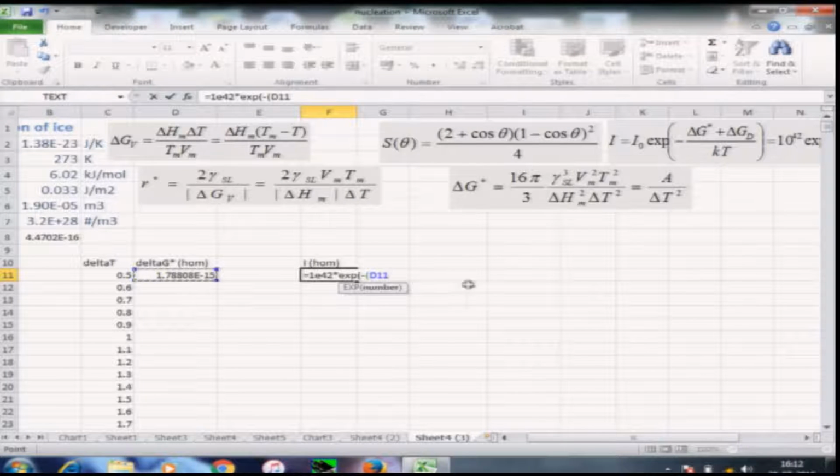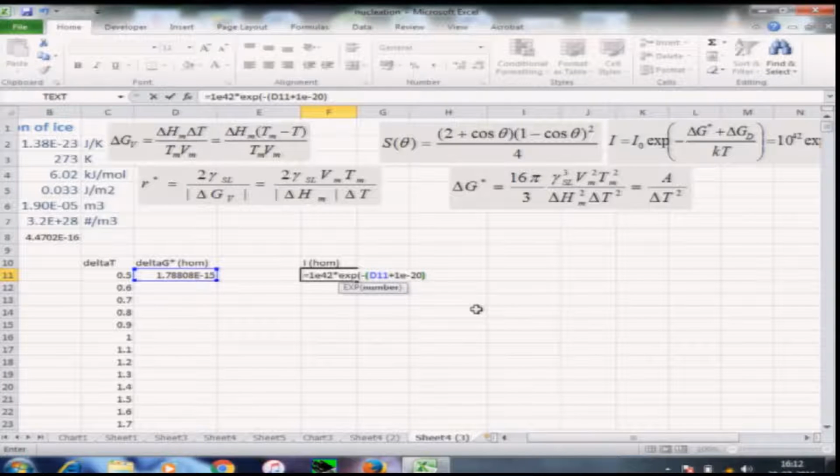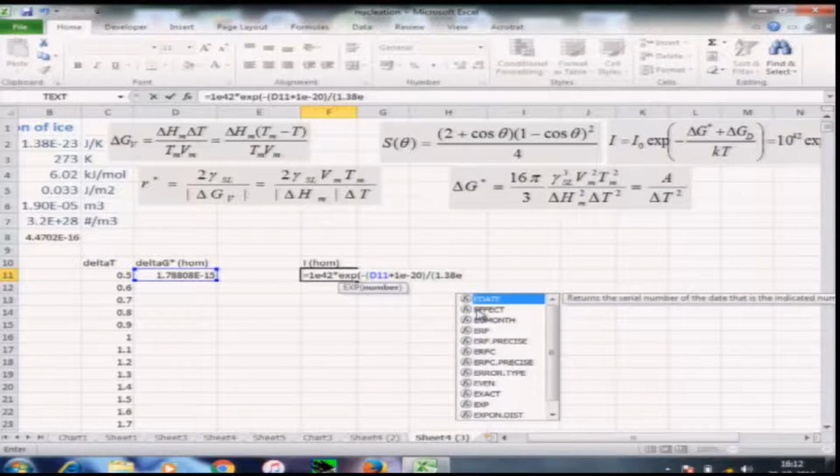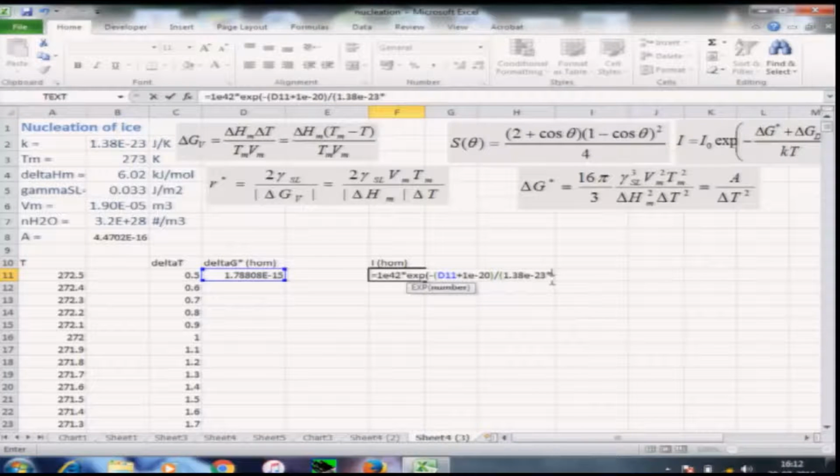So, I click on D11 to get my D11 here, plus delta GD I am taking at 10 to power minus 20, divided by the Boltzmann constant, which is 1.38 10 to power minus 23, multiplied by the temperature at which I want to calculate the nucleation rate. This value is residing in cell A11, which is 272.5 in this case.